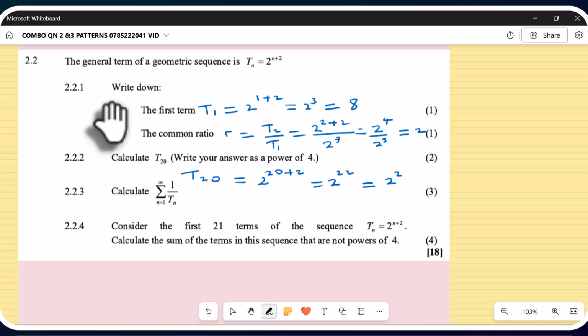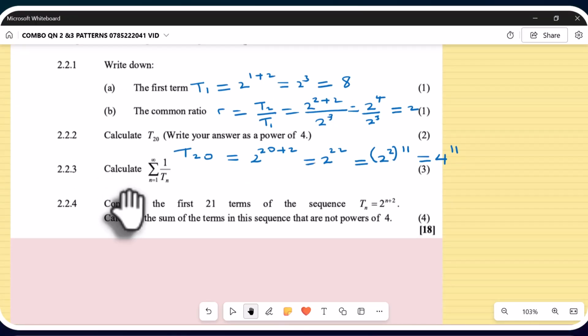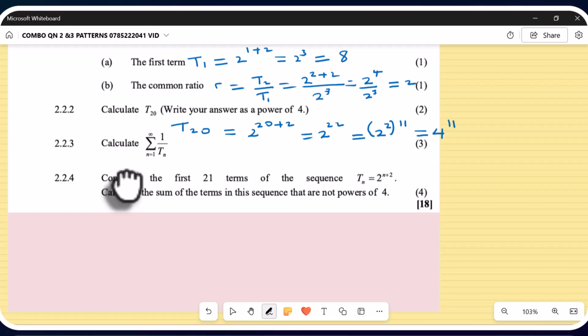They say consider the first 21 terms. You can say T1 plus T2 plus T3 plus T4, going until 21, then plus T5 and plus T6, and so on until T21.